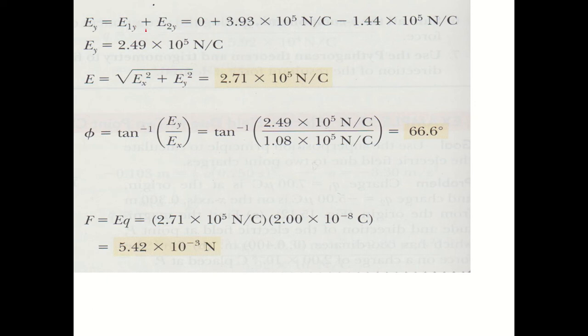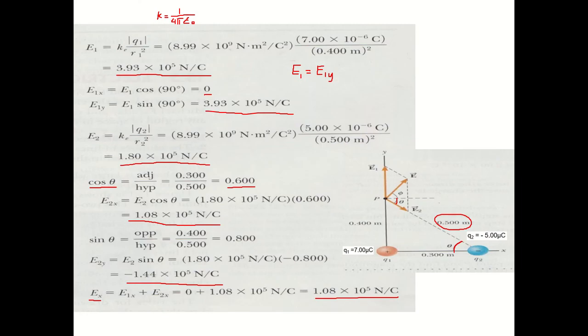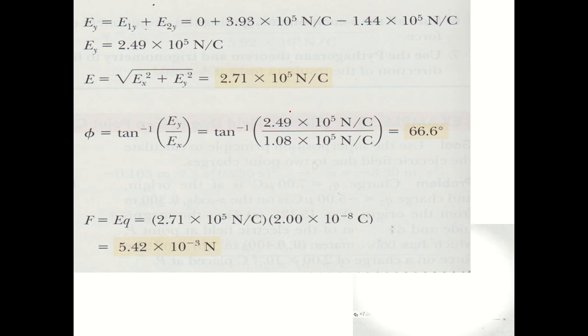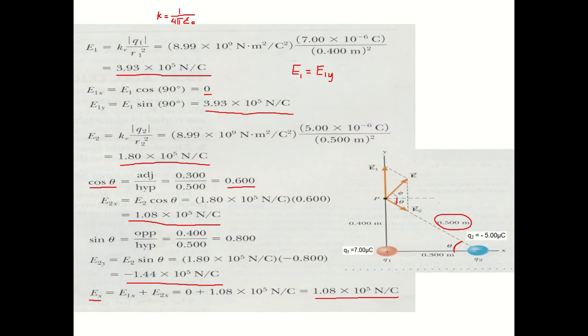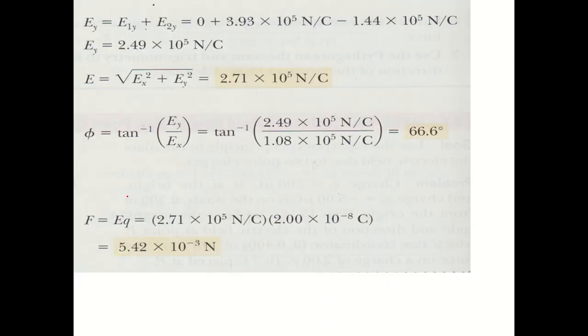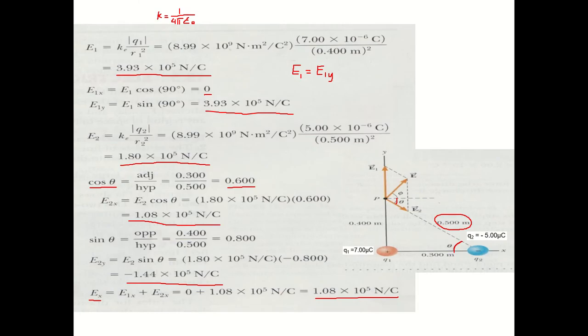So the first part is equal to 0. E sub 1y is 3.93.